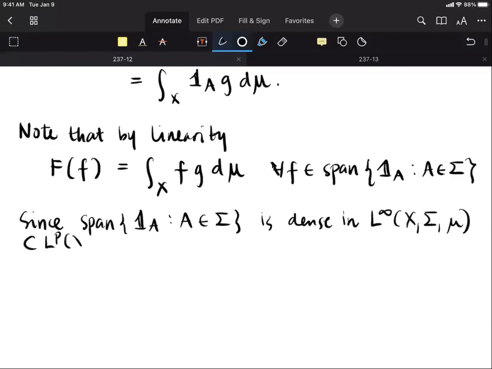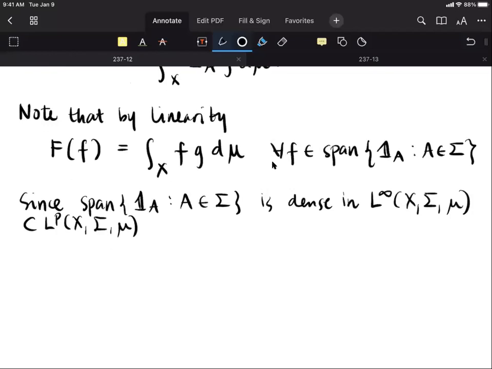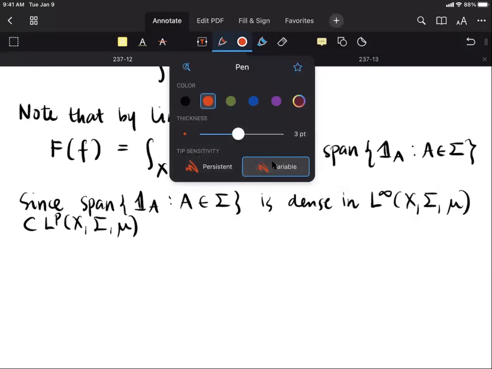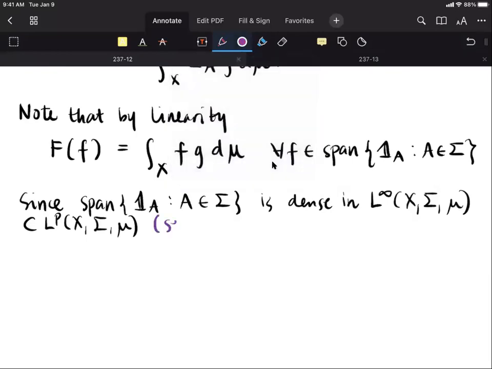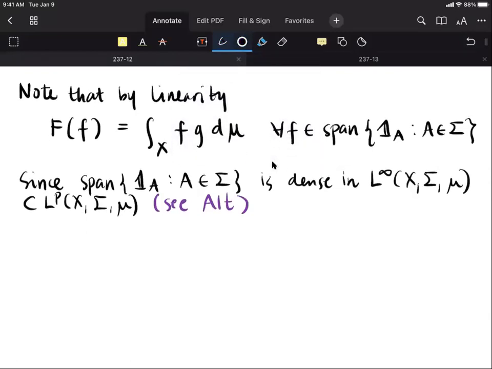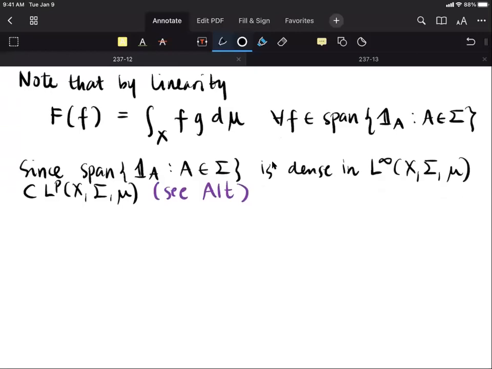And since that is the case, this is also a subset of LP. So the interested audience can look at the proof in the book for this density.